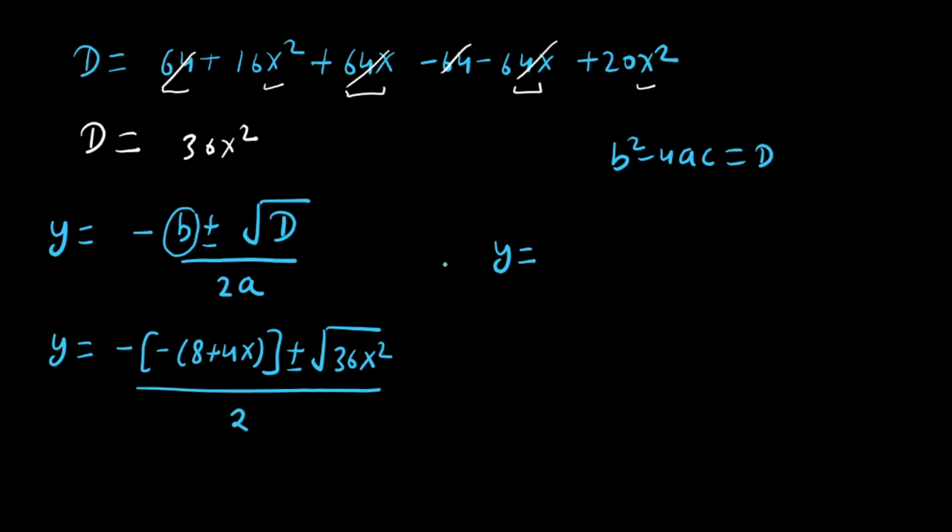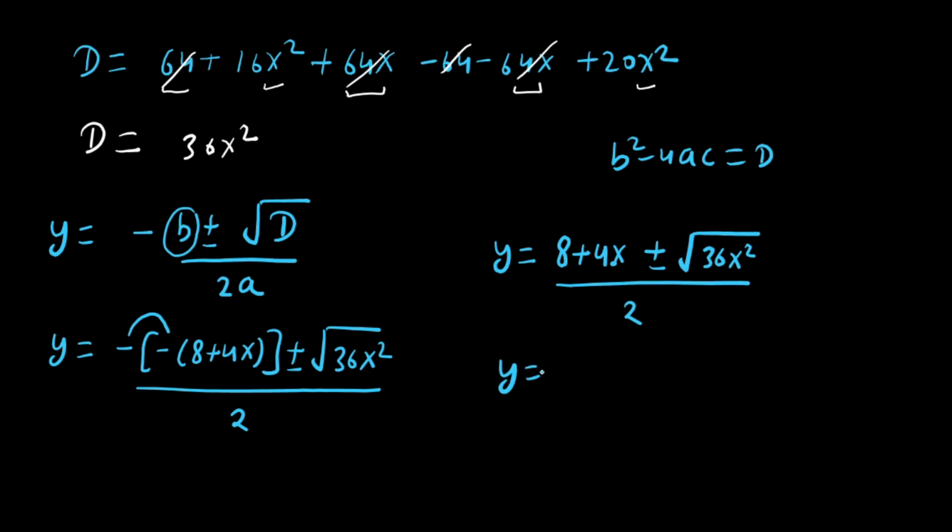Y is equal to, this minus multiplied by this minus gives plus, then 8 plus 4x plus or minus square root of 36x square divided by 2. Then y is equal to 8 plus 4x plus or minus square root of 36x square.